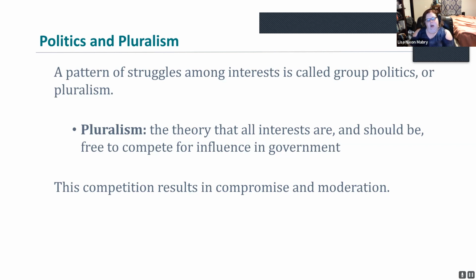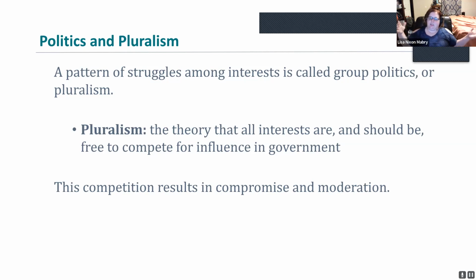A pattern of struggle among interests in politics is called group politics or pluralism. It's a theory that all interests are and should be free to compete for influence in government.